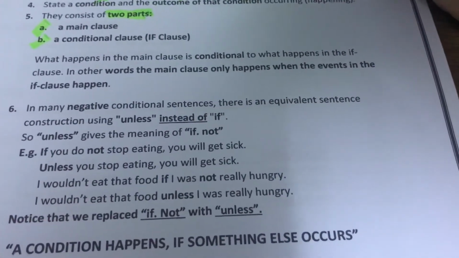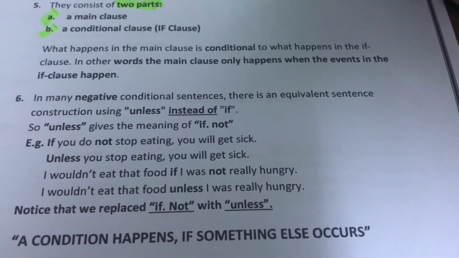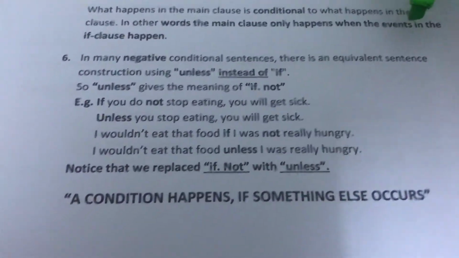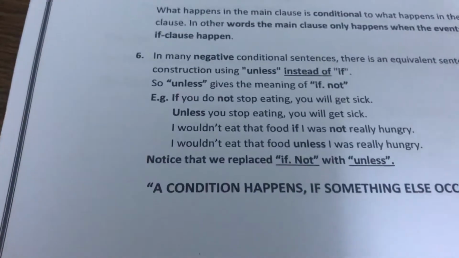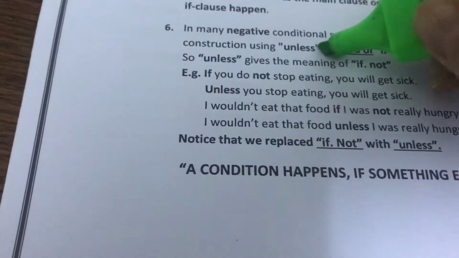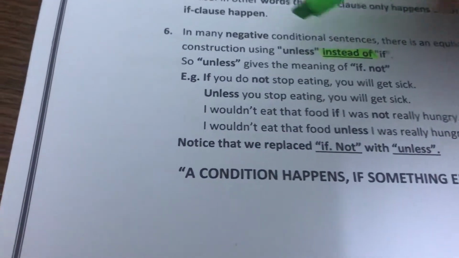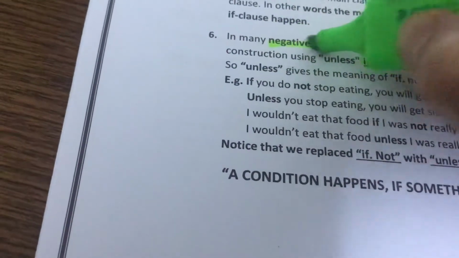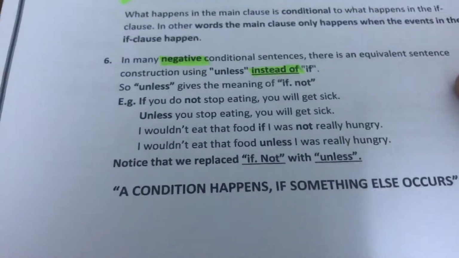In many negative conditional sentences إذا بكون عنا ال if منفي there is an equivalent sentence إشي معادل إلها construction using the word unless instead of if. يعني أنا بدي أستبدل to replace if with unless إذا كانت عنا الجملة in the negative form. الشرط بده يكون إيش؟ منفي. خلينا نشوف إيش يعني.